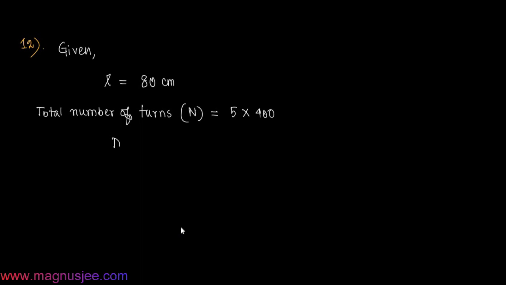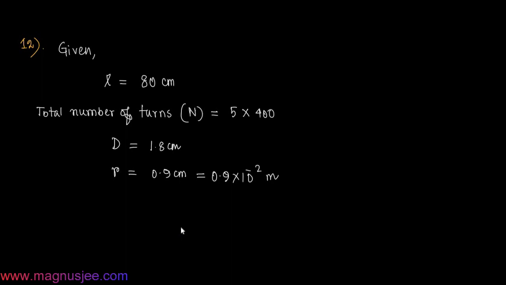Numerical number 12, given length L is equal to 80 centimeter. Length L, that means length of the solenoid, L is equal to 80 centimeter. Number of turns of the solenoid, that is capital N, equal 5 into 400, and diameter is 1.8 centimeter.